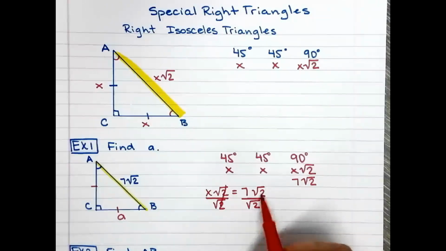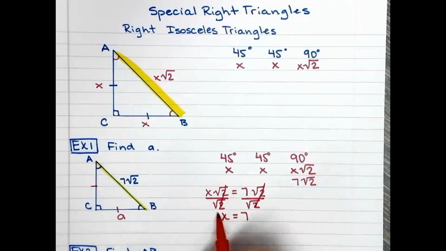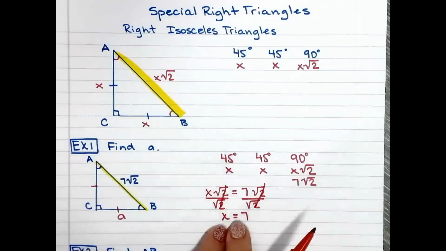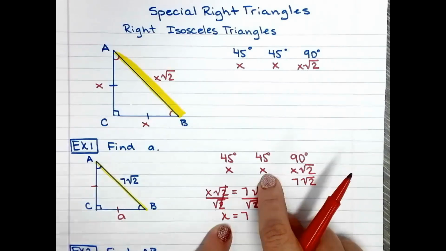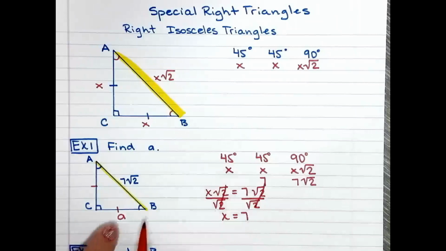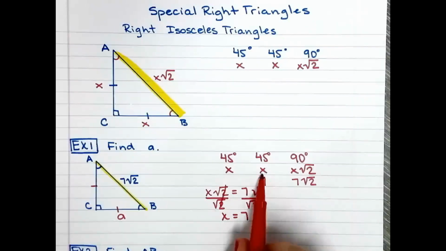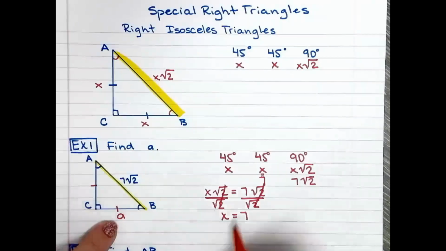That means x is 7. I can just substitute that 7 for x. Voila. And if x is 7, it's directly across from the 45-degree angle. That means a is 7.